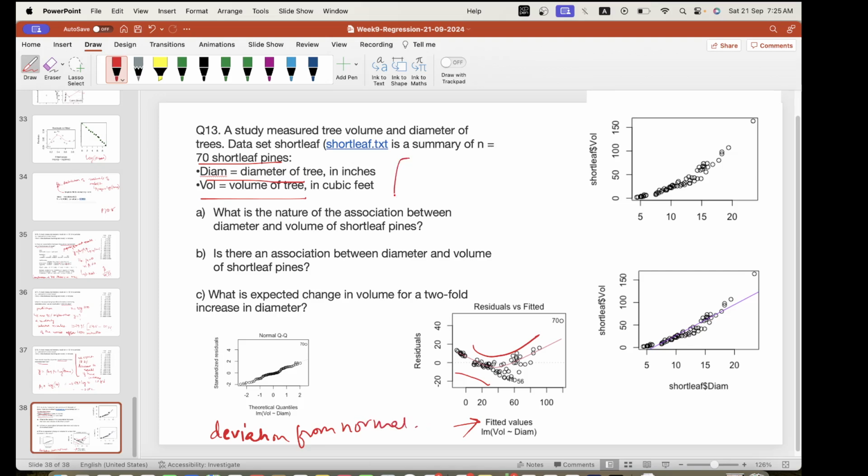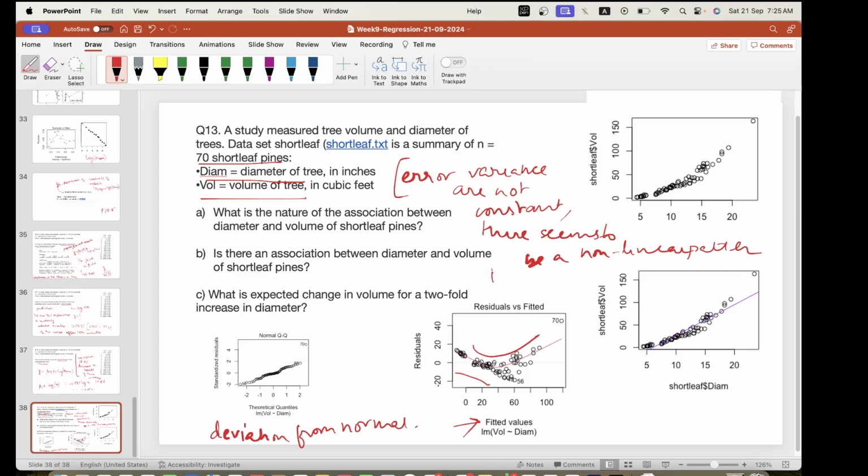Okay, so when we have a situation where error variances are not constant, there seems to be a non-linear pattern in e_i versus y_i hat, and the distribution of e_i, or the epsilon i's, the errors, I would write here errors are not normal.